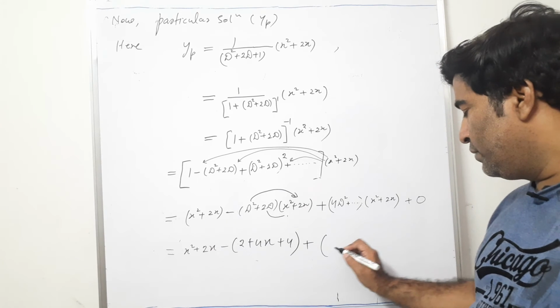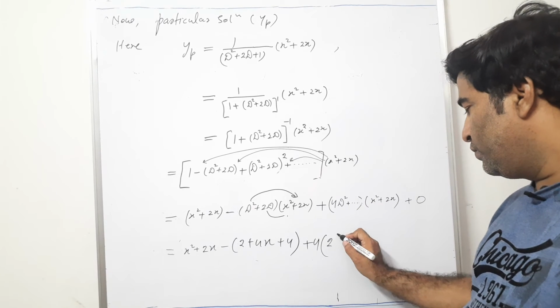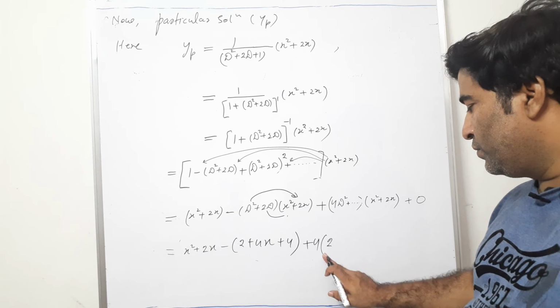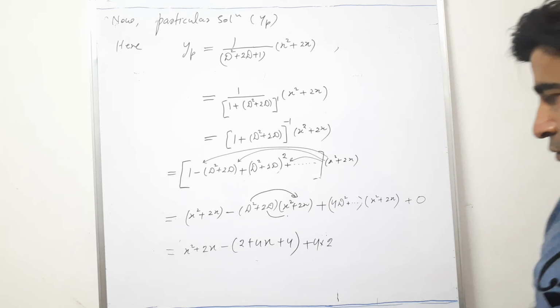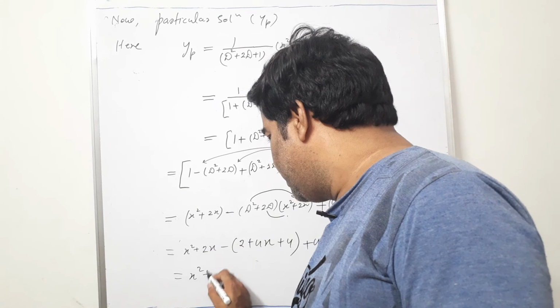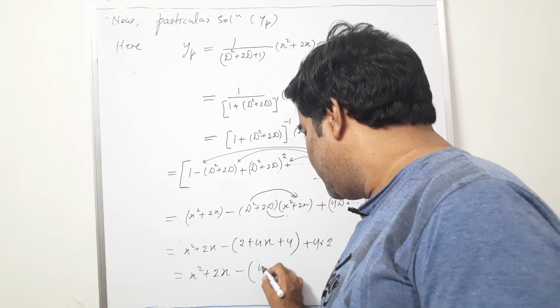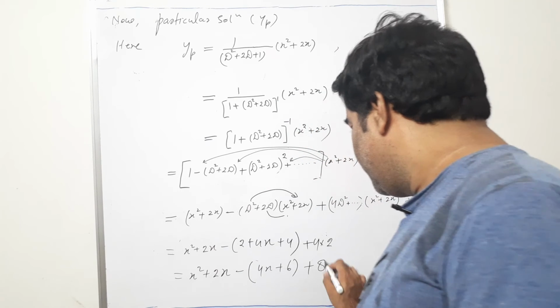Similarly here we have 4 times 2, and all other terms become 0. So we have x square plus 2x minus 4x minus 6 plus 8.